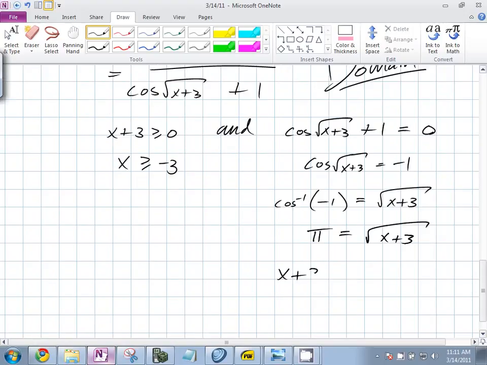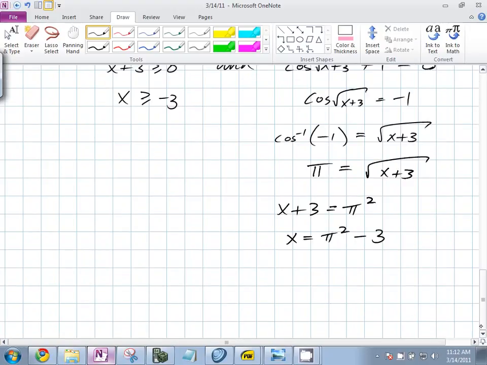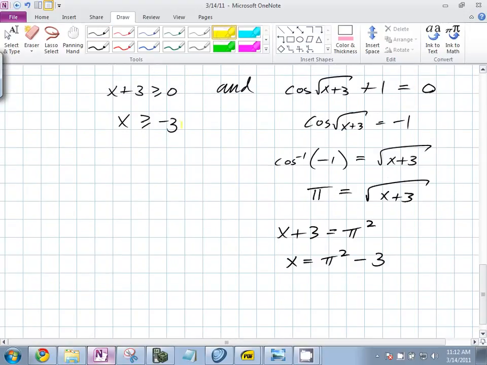That's cool. You never really see pi squared. So what does x equal? Pi squared minus 3. Approximately what is pi squared minus 3? A little more than 6, right? So both of these things have to be true. This has to be true, and x cannot be pi squared minus 3.